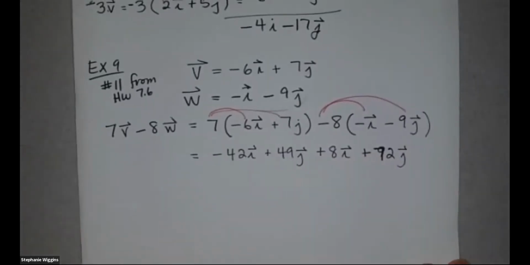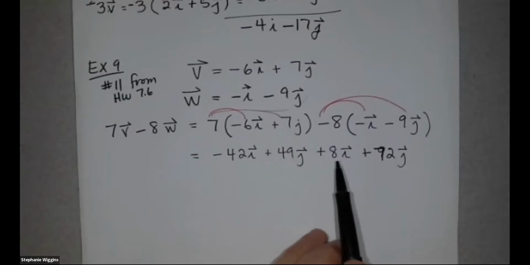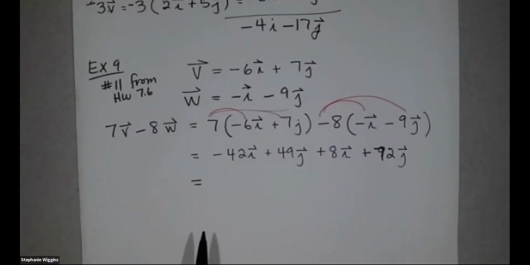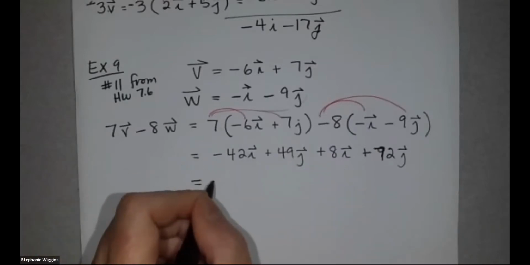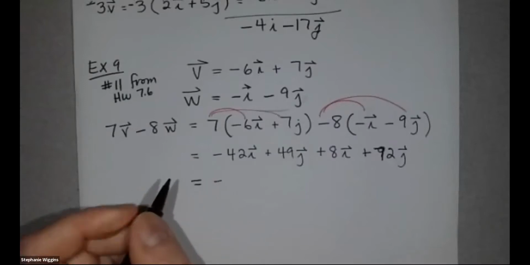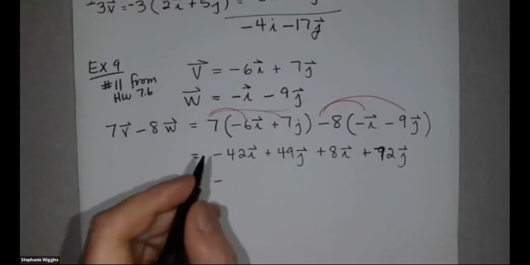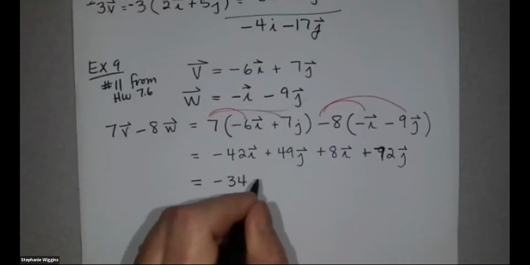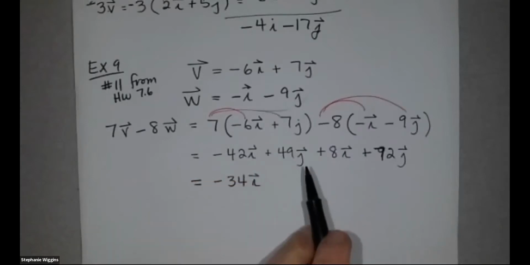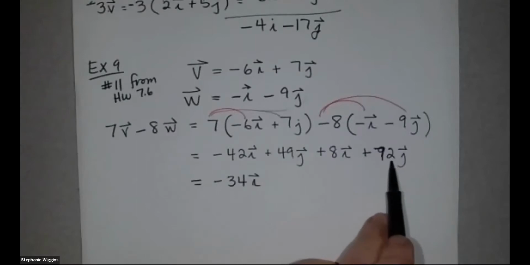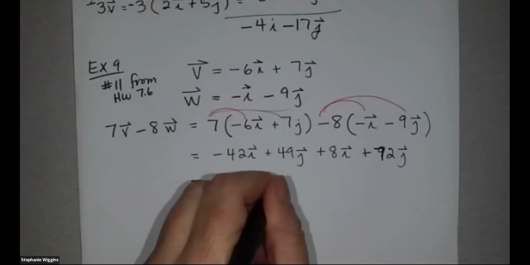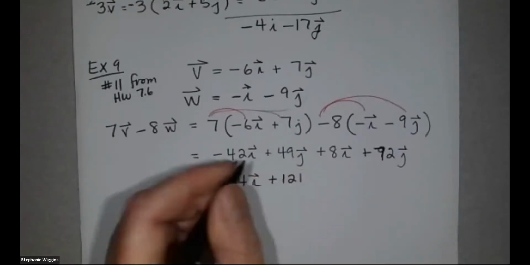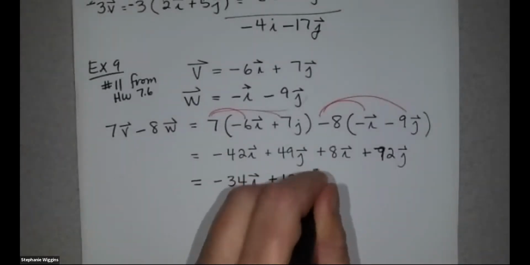And then we combine the i's, so we're going to have negative 42 plus 8, and that is going to be negative 34i. And then the 49 plus the 72 is going to be 121j.